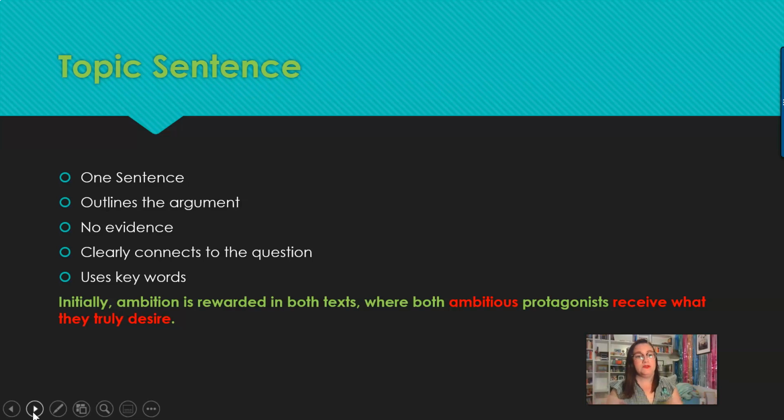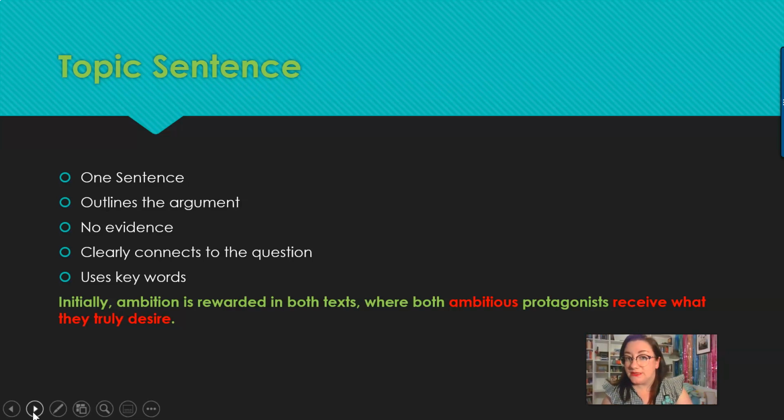Here's my topic sentence for my first paragraph. I'm basically using the same essay that I was planning before. I don't know why I'm waving this around, but I'm enjoying it, so don't stop me. Mine is: initially, ambition is rewarded in both texts, where both ambitious protagonists receive what they truly desire.